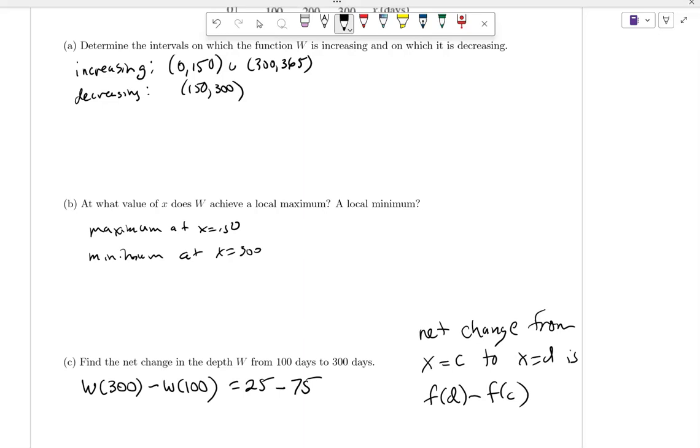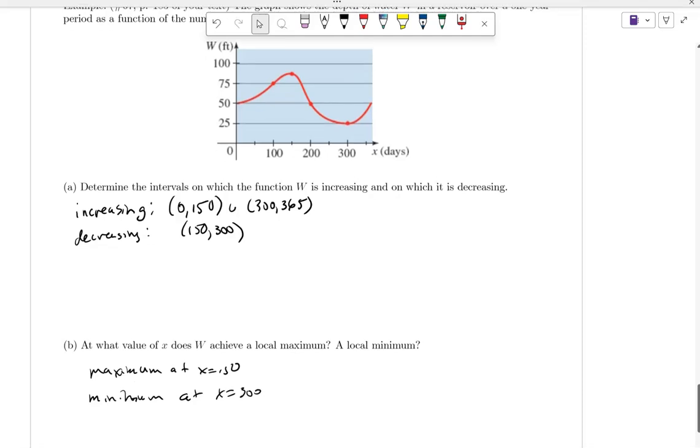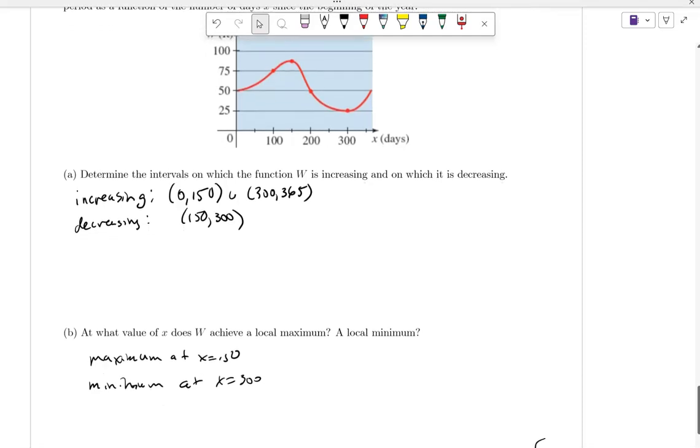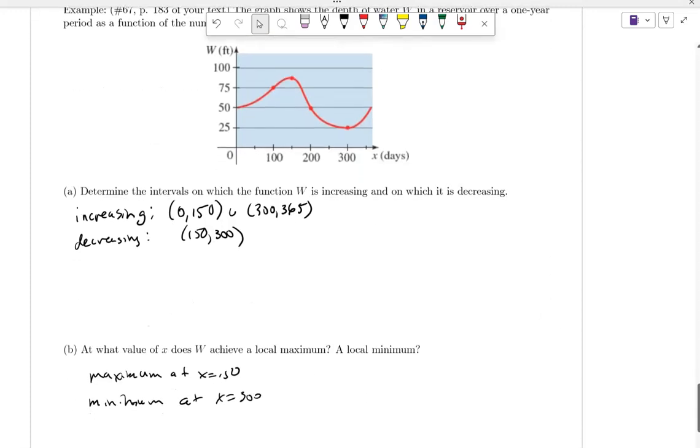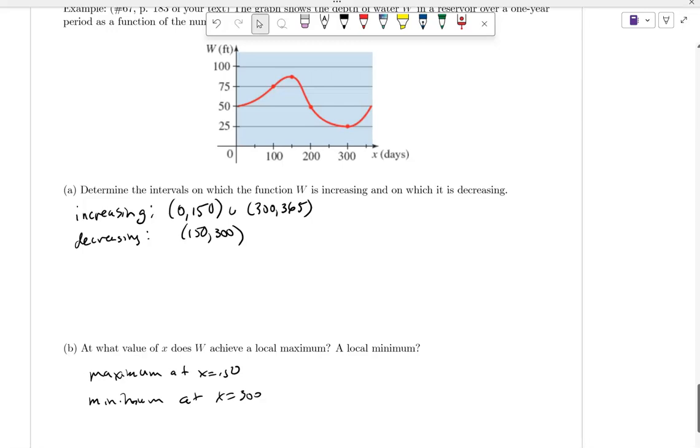So we're looking for the y coordinate. We get negative 50. Why is it negative? Yeah, because it decreased, right? It went down 50, whatever, feet or meters? Feet? Okay, went down 50 feet. So the net change is negative, tells you it went down. That's what the negative is telling you. Any questions on that one at all?